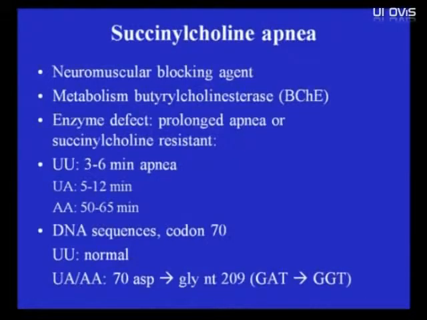In the common population, the administration of succinylcholine will induce apnea as long as 3 to 6 minutes. In heterozygote individuals, UA, we have 5 to 12 minutes of apnea, whereas in homozygous AA, we have 50 to 65 minutes of apnea.